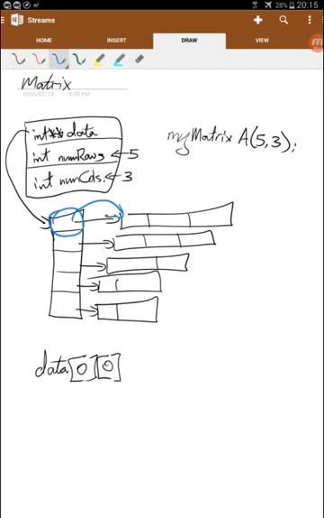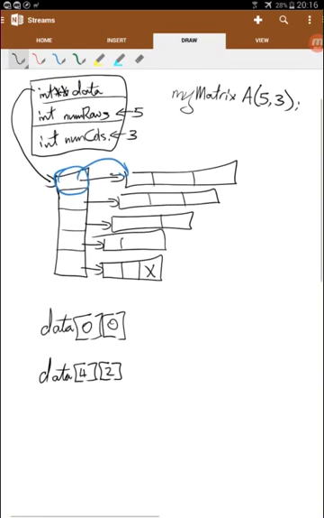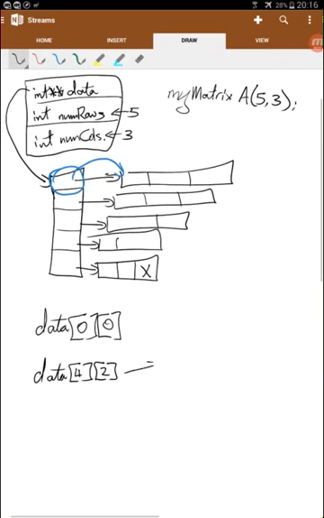If I wanted to get to, let's say, the item over here, that's in row 0, 1, 2, 3, 4, so it will be at data 4 and column 0, 1, 2. And we can simply access it like that. Remember that under the hood, the compiler is simply doing the pointer arithmetic that we spoke about.